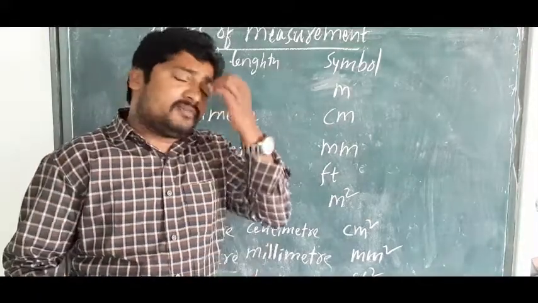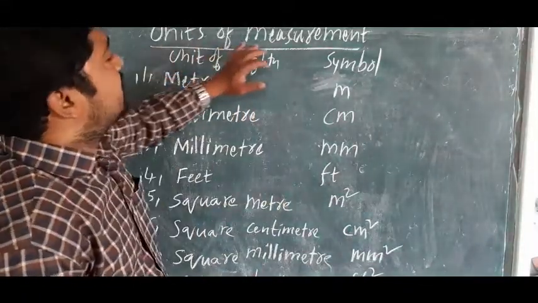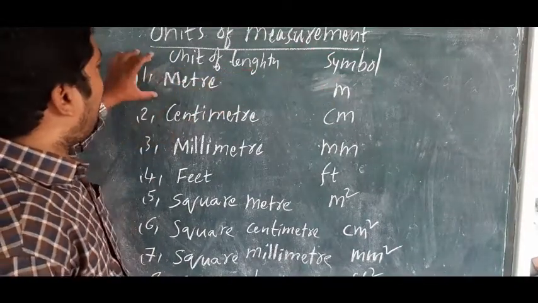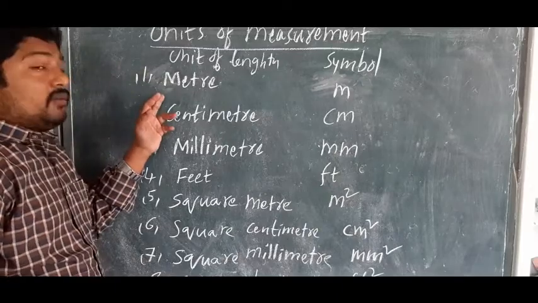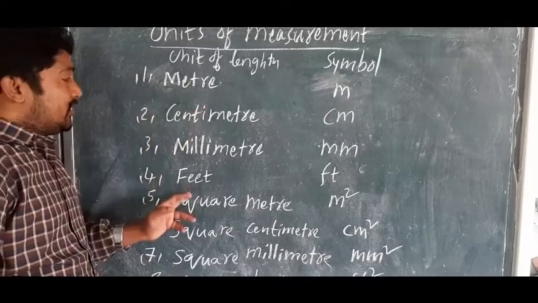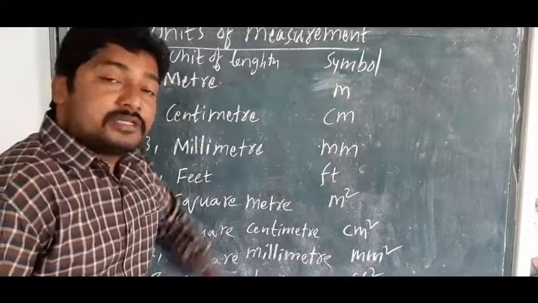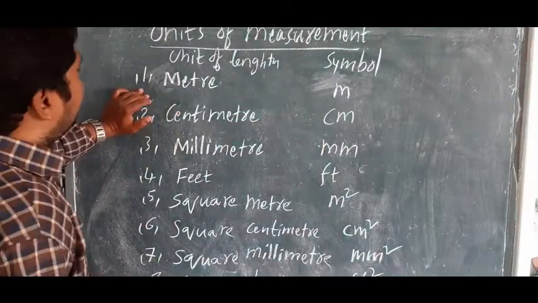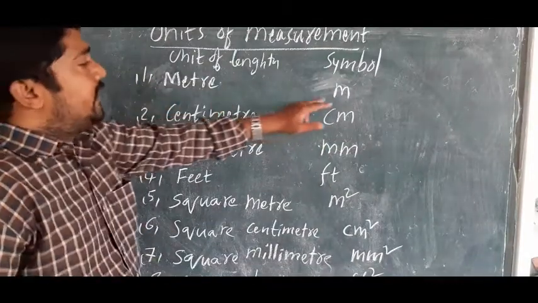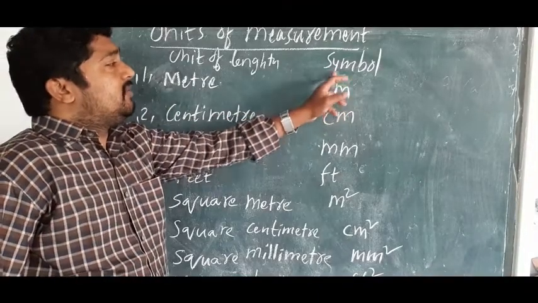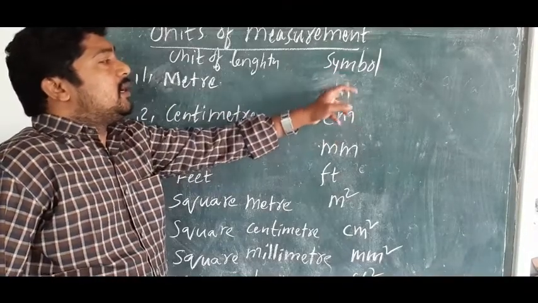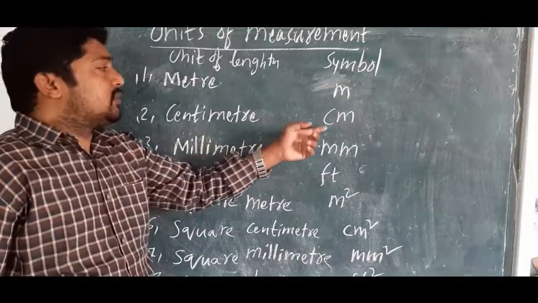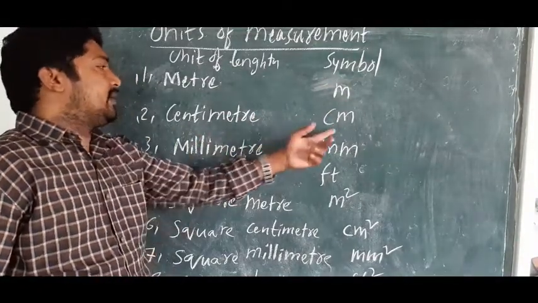Now let's see the units of length, what types of lengths we use, and the symbols are also very important. So for meter, the symbol is a small m, isn't it? Now let's see centimeters, so cm.